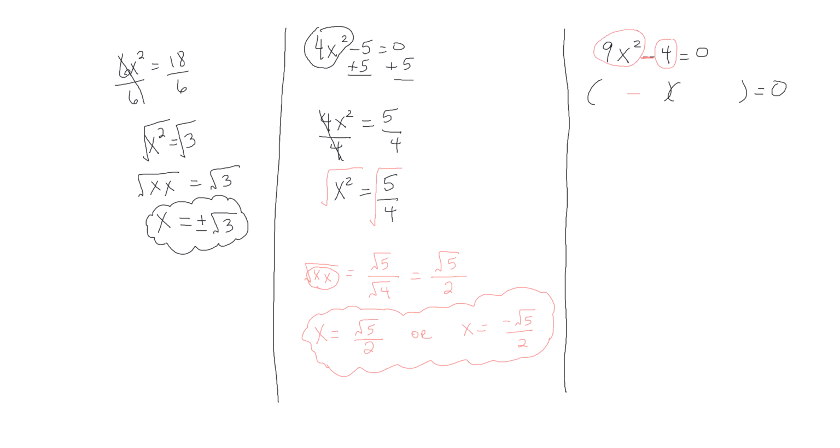So that factors to a minus and a plus. That doesn't give me a middle term. Square root of 4 is 2. Square root of 9x squared is 3x, since 3x times 3x is 9x squared.